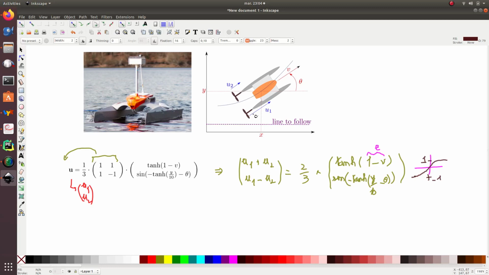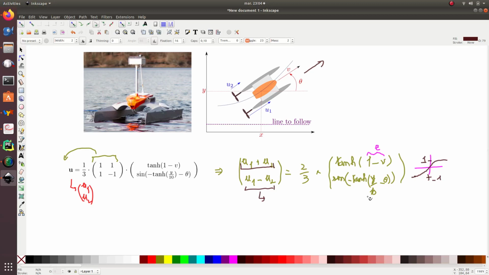It means that the propellers will tell the boat to go forward. So it corresponds to some kind of acceleration. Now this one is a differential, so it means that if u1 is greater than u2, then the robot will turn. So how does it work?